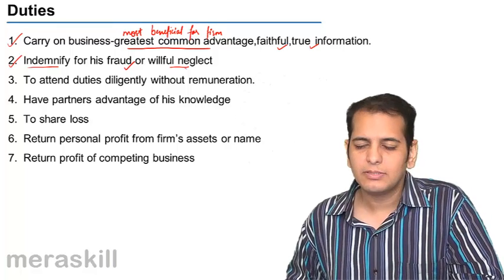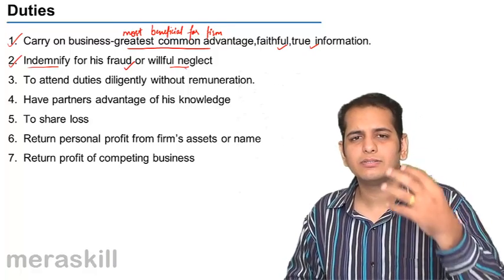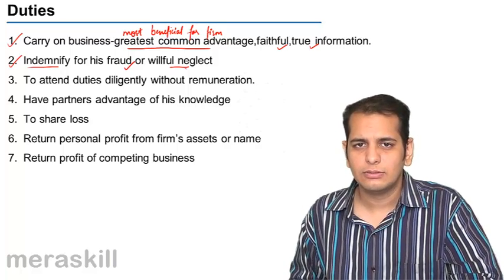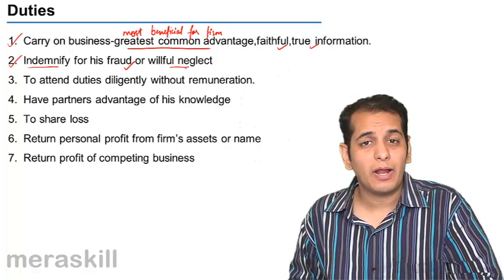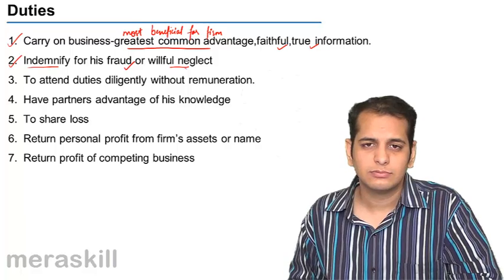I'll give you an example in this regard. Let's say you are 3 partners and yours is a firm which deals in cotton. Now suddenly there is news that the prices of cotton will fall from the next month.